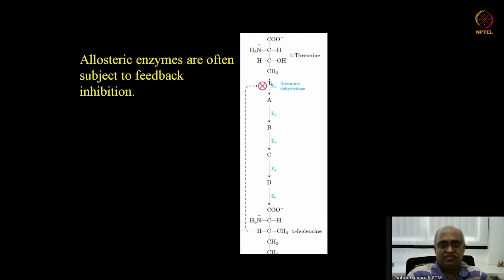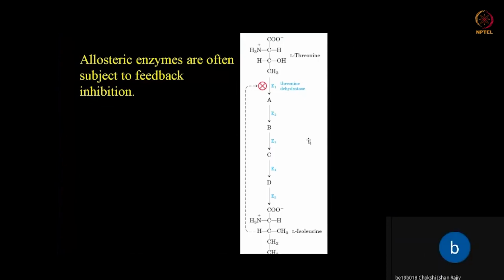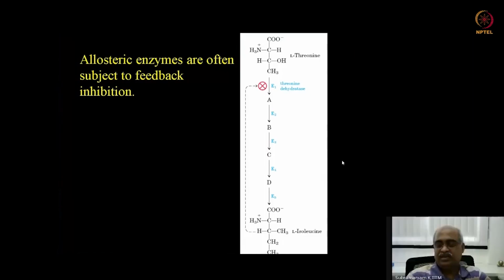There are many that will come. So that is a situation where usually the substrate itself activates the enzyme's activity. Okay, yes, I got it. Thank you. Okay. Any other question?